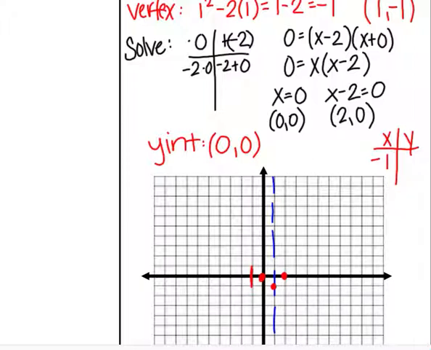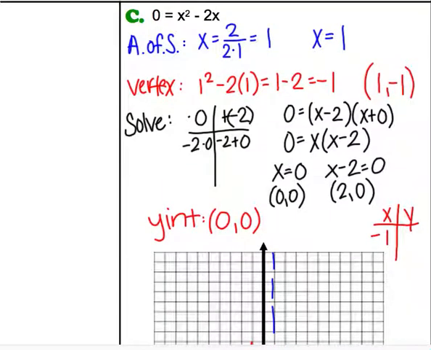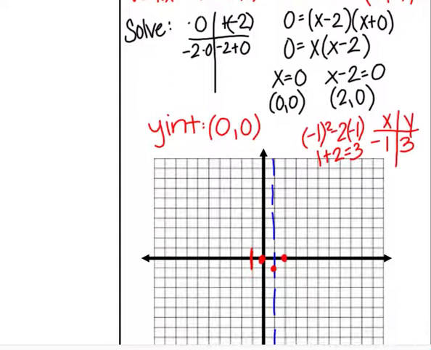If I put negative 1 into my original equation, negative 1 squared minus 2 times negative 1, I get 1 plus 2, so I get 3. So negative 1, 3 is right here, and I'm going to mirror that, and that'll be here, and I get my parabola.